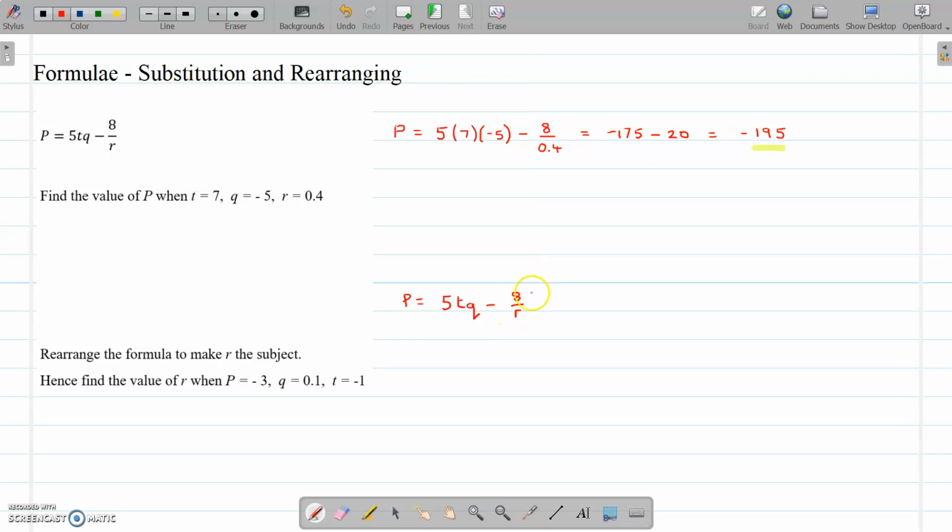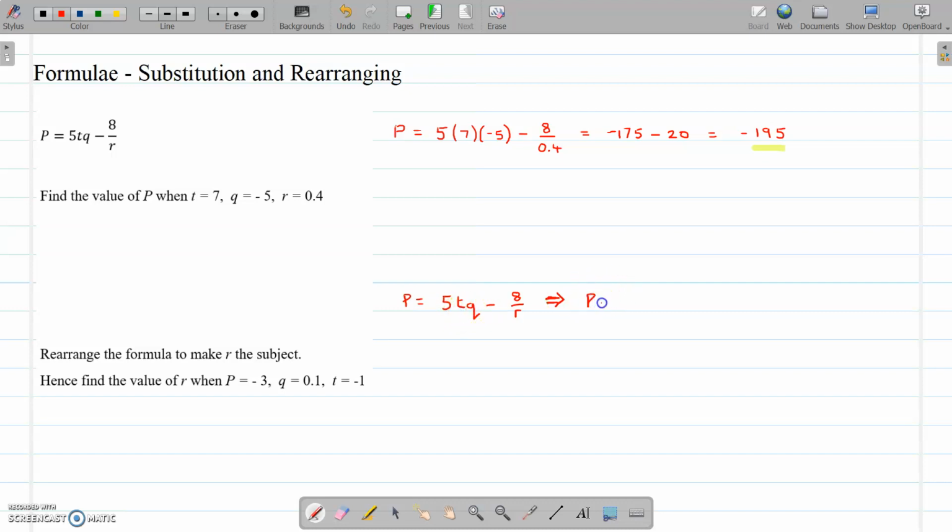Sometimes there's more than one way of doing this sort of thing, and more than one way in which the answer could be presented, but we will work on the basis that we're going to subtract everything first from here.